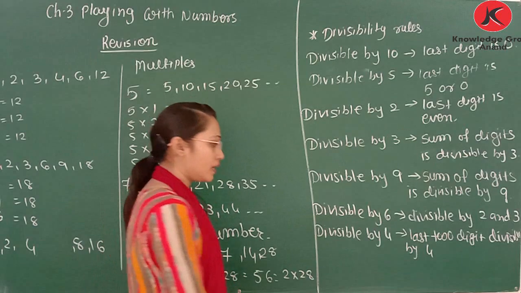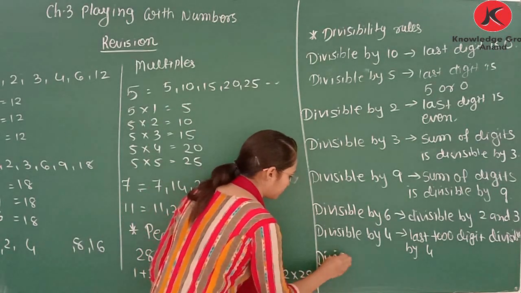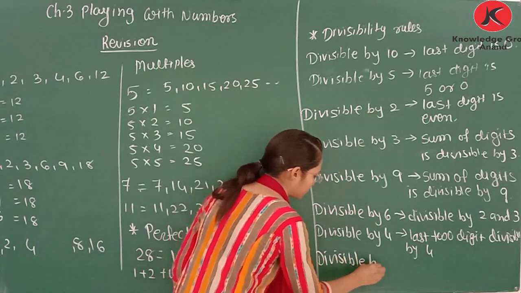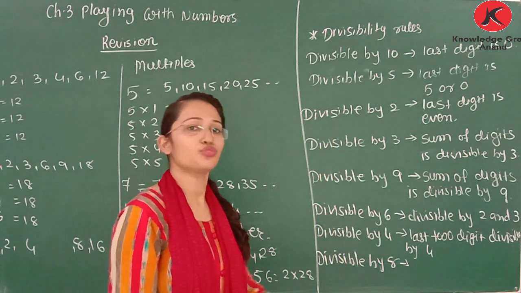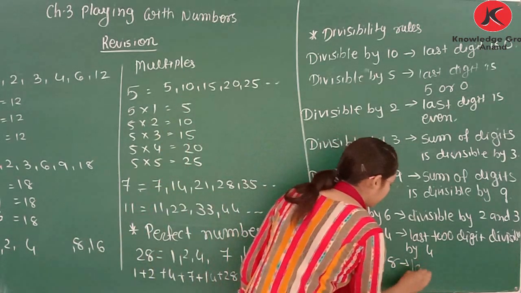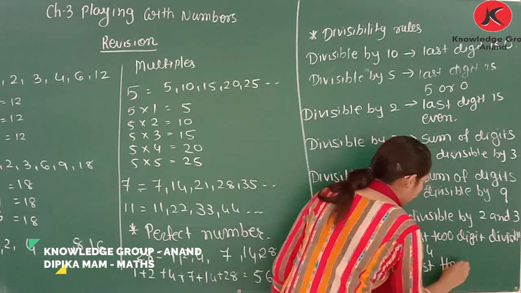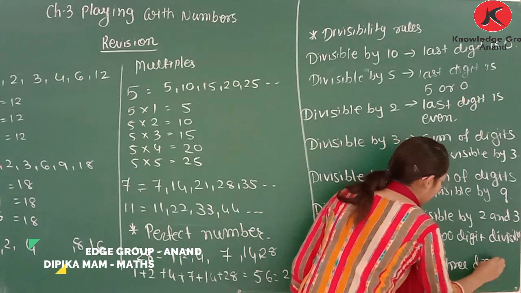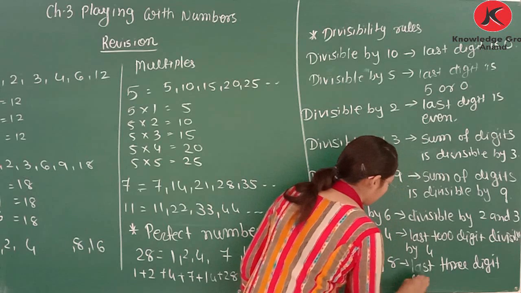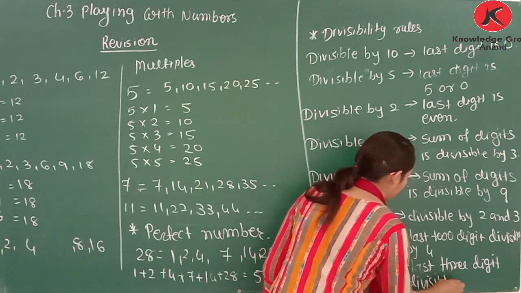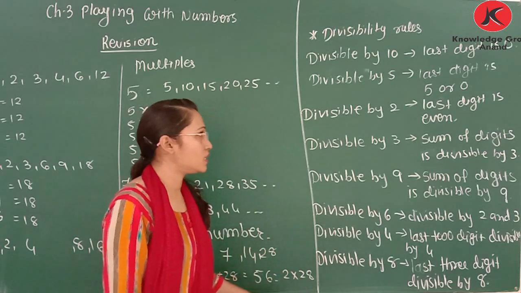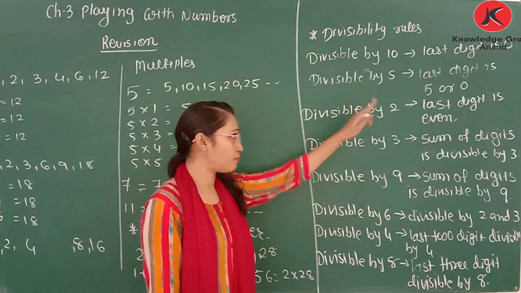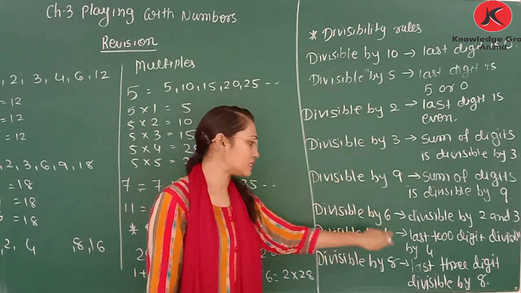Divisibility by 8. Which numbers are divisible by 8? If the last 3 digits are divisible by 8. So these are the divisibility rules of 10, 5, 2, 3, 9, 6, 4 and 8.